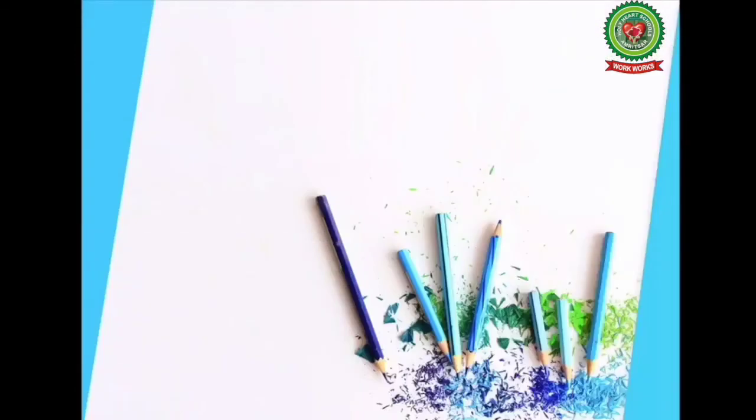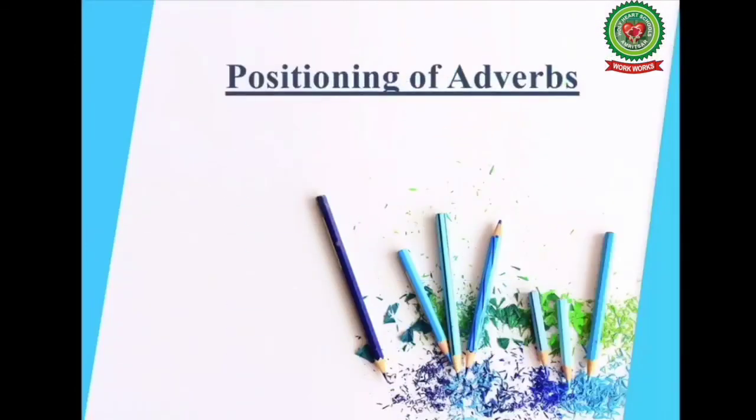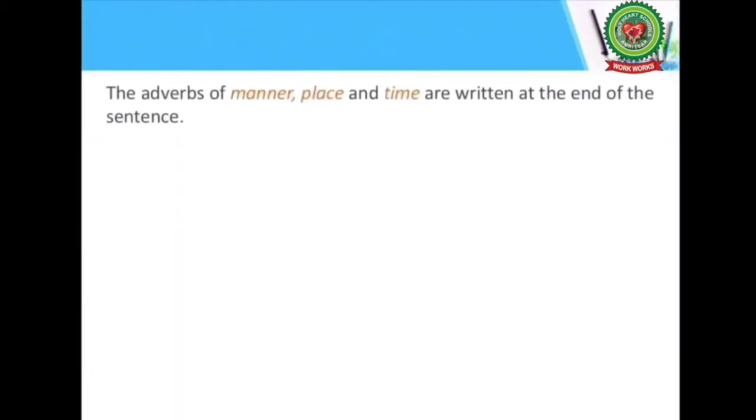So before we start with the joining of the sentences, let us understand the positioning of the adverbs. The adverbs of manner, place, and time are written at the end of the sentence. Let's see some examples. She sings melodiously.